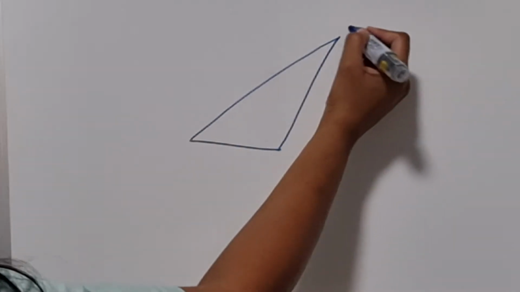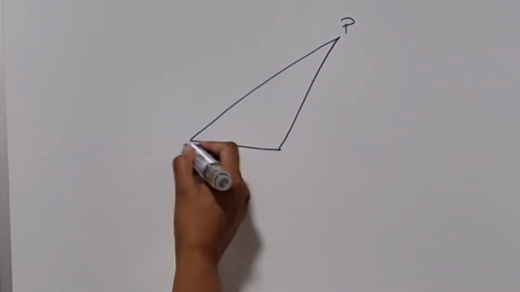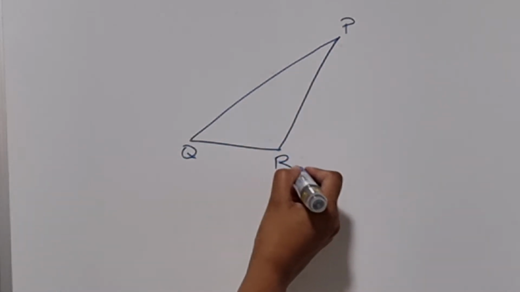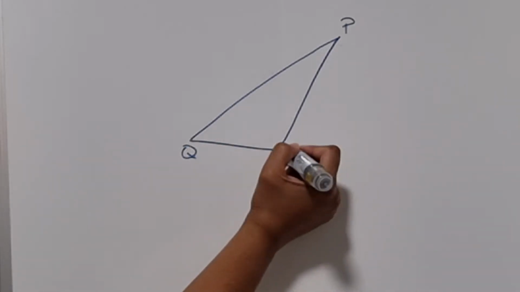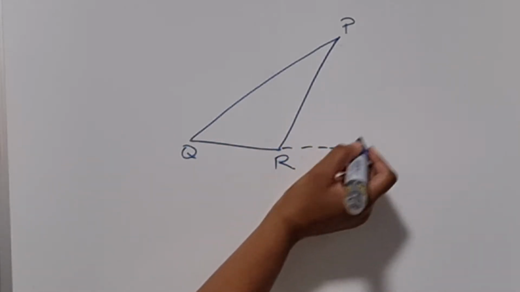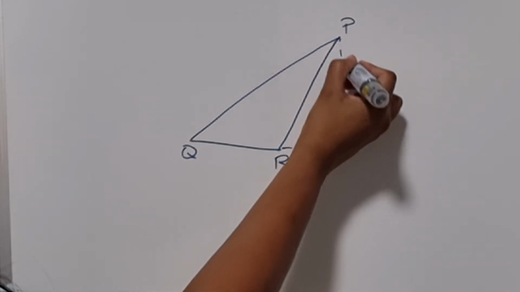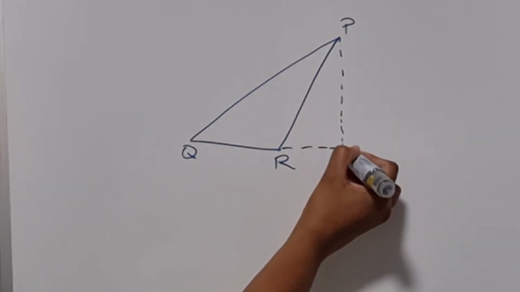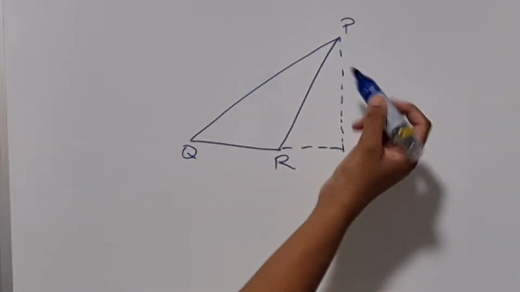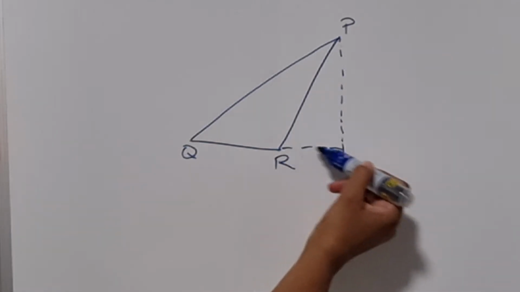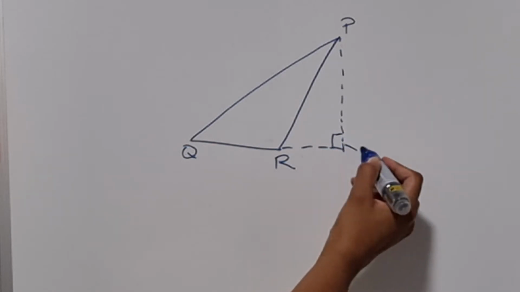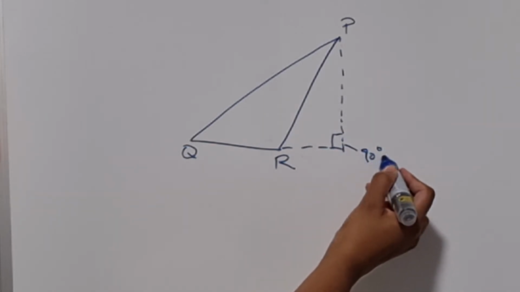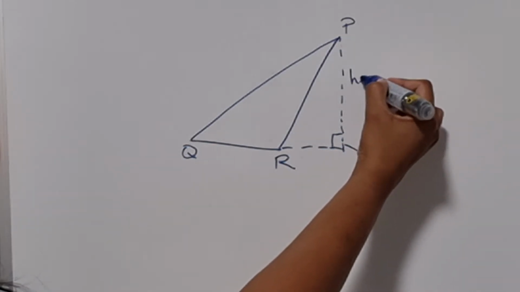Okay, so let's say this is P, Q, R. So what you do is you take the base, you draw a straight line down. So the line where it meets the extended line of the base, this is 90 degrees. So this is the height.